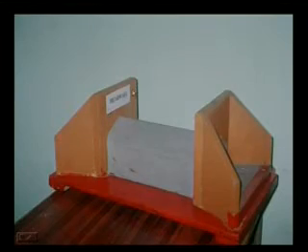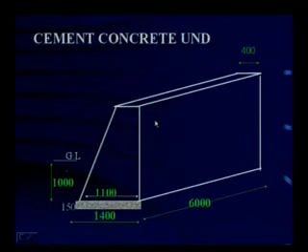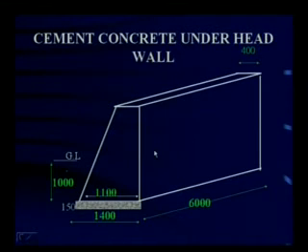Yes. Now look at this. I will show you the model again. This is the head wall. Before the construction of head wall is undertaken, we need to lay the foundation. One head wall on the upstream side, the other head wall on the downstream side. Now take care of this figure. We need to pick up the dimensions from this figure.